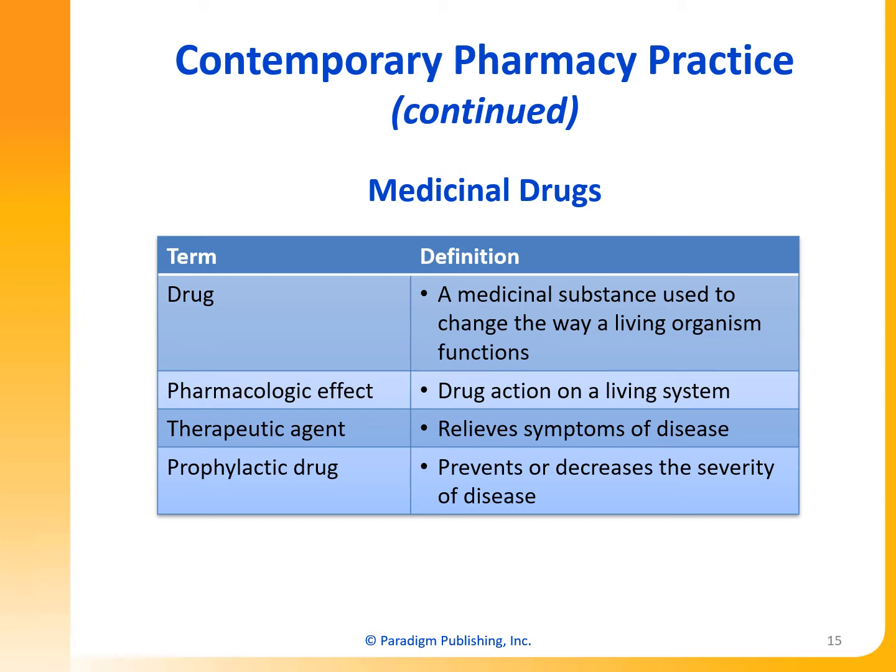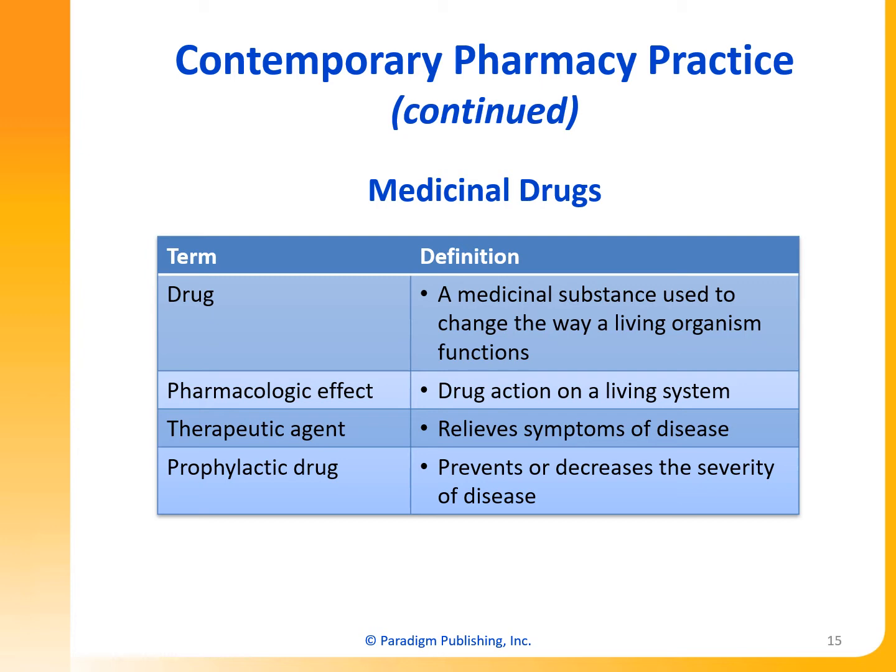So a drug, for example, might be something along the lines of a prescription for high blood pressure or atrial fibrillation or something like that. It's going to change the way your heart is functioning. The pharmacologic effect is the way that those drugs actually work in your body. The therapeutic agent relieves the symptoms of the disease.